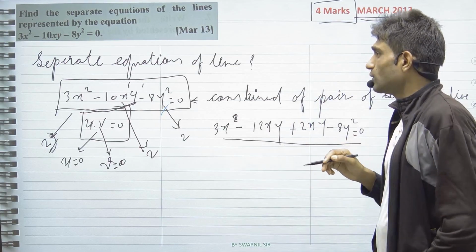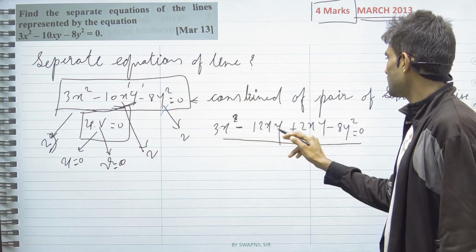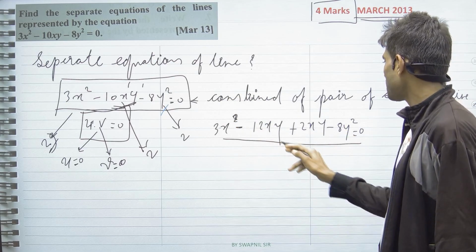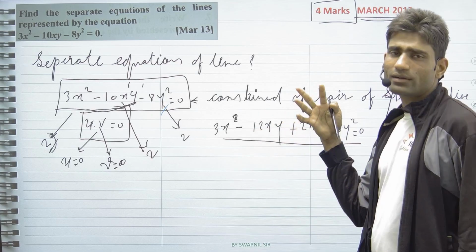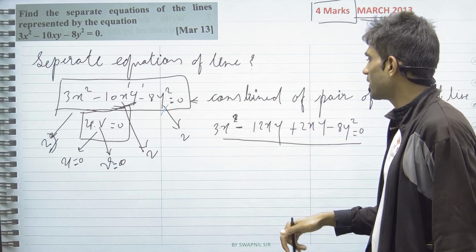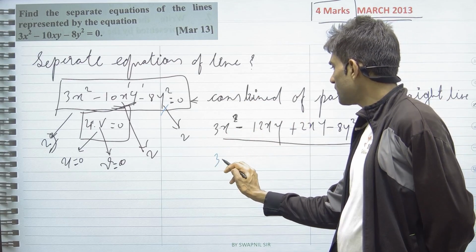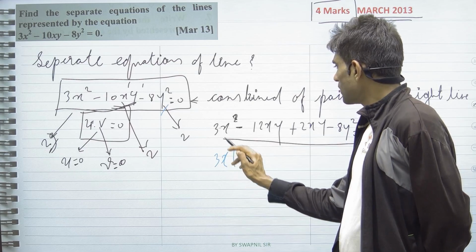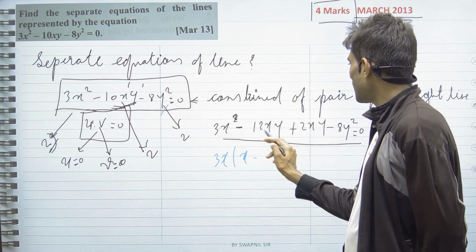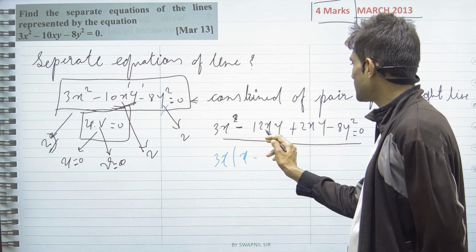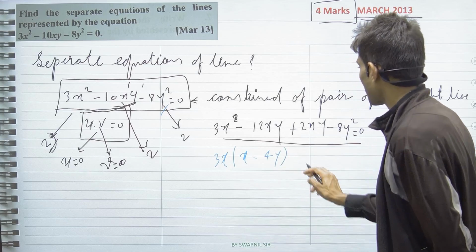Now see that here I have taken 3x square and minus 10xy as minus 12xy plus 2xy. Take the possible term common from here, so we will get the u into v form. We have 3 into x, the same term here, so 3x common, and it will remain x minus, under bracket, 3 times 4 is 12, so under bracket we are left with 4y plus.